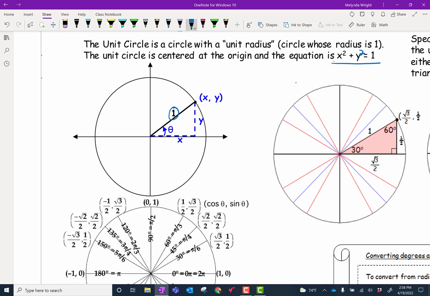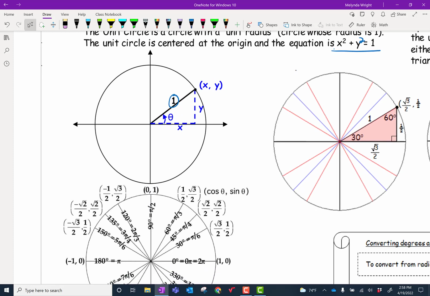As you see from this original, this distance along the x-axis would be considered the x-coordinate. It's listed right here. And the distance from the x-axis up to this point would be the y-coordinate. So the coordinate points along the unit circle are x and y coordinate points.